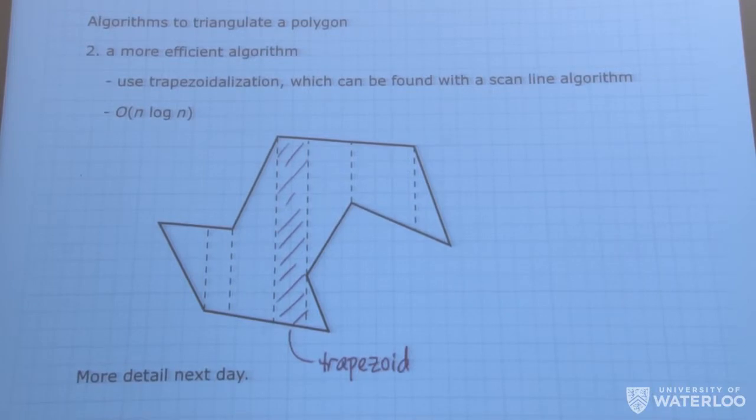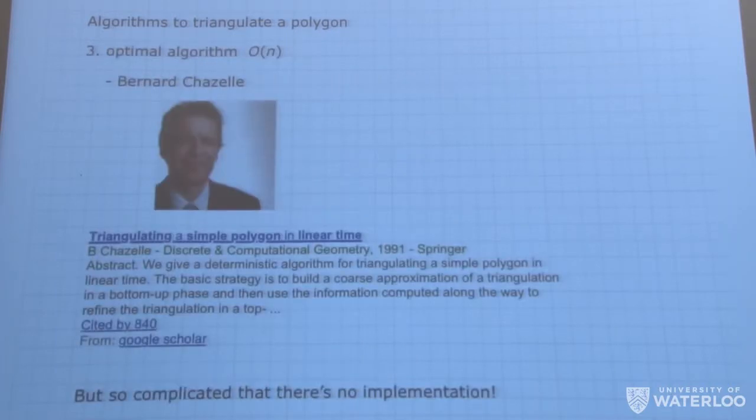And what I'll mention at the end is one of the really more curious things about algorithms, which is that there is an optimal algorithm, an algorithm that takes order n time for an n-vertex polygon. This is a tour de force of Bernard Chazelle's from 1991, after a decade at least of attempts by various researchers. So it's a very well-cited paper.